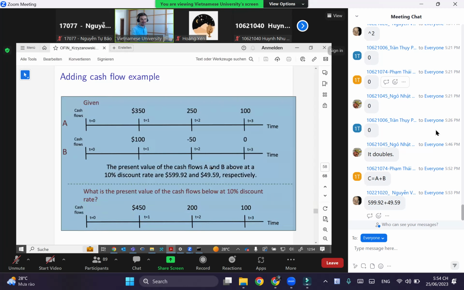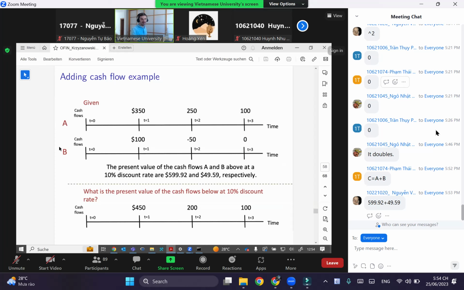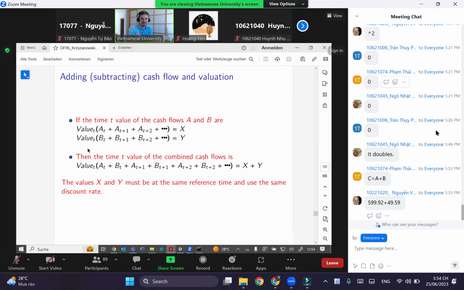And therefore, the price of buying A and B, if the law of one price holds, should be exactly the same as if you bought C, which mimics the same stream of cash flows, right? And this is also summarized here again. So suppose here we have investment opportunity A with certain cash flows, which is valued at X.